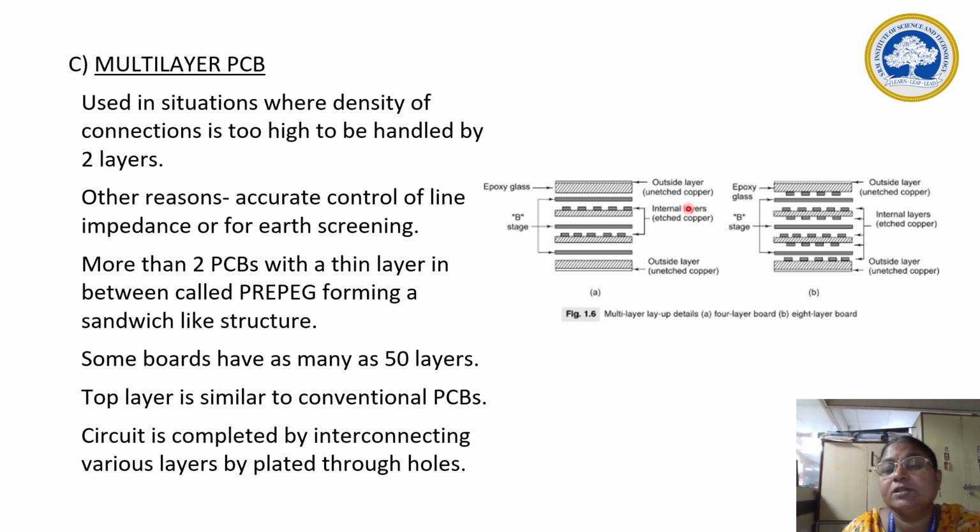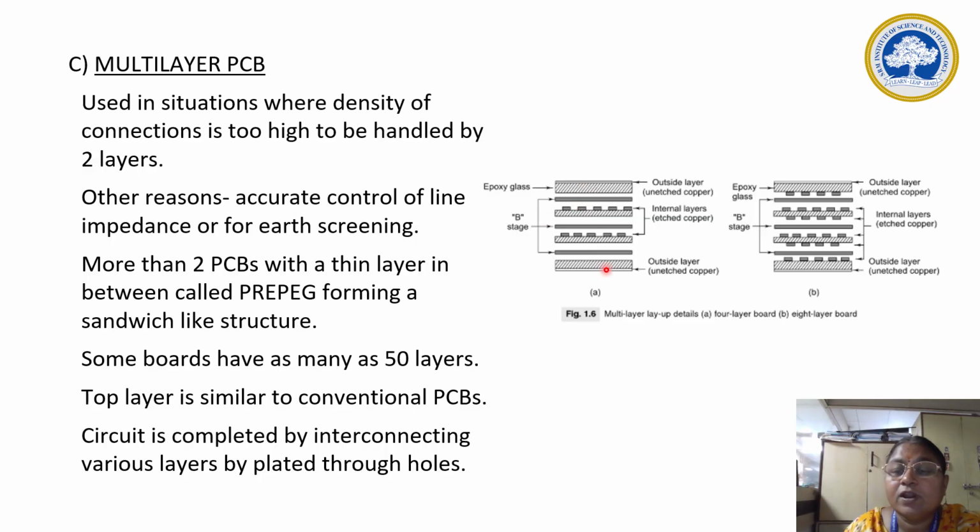Copper is the conductive material, and the internal layers which subside here are with the etching of copper. These layers we have as different stages. Epoxy glass acts as a laminate.